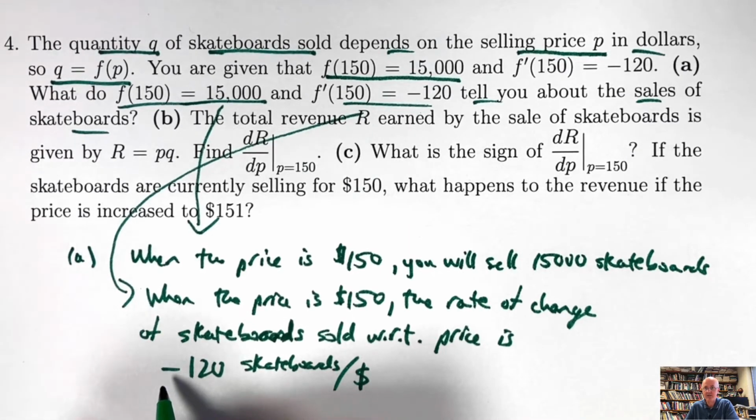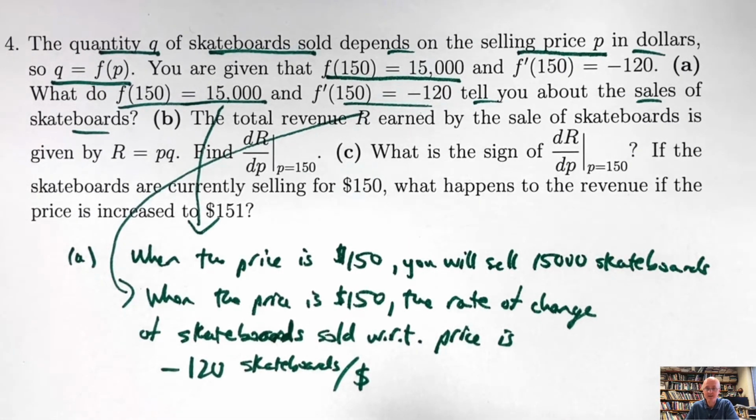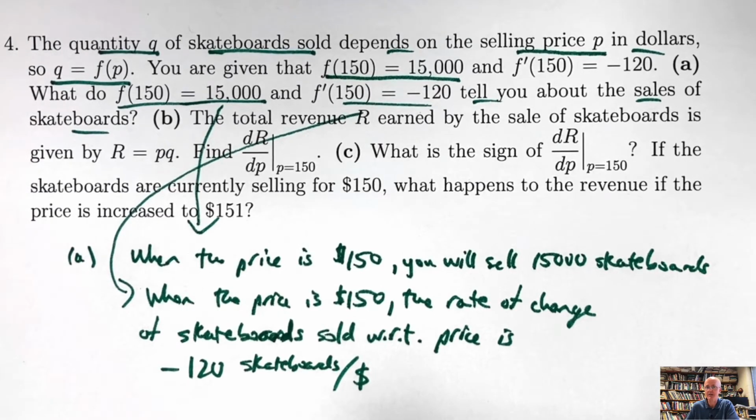The rate of change is negative. How many fewer? About 120. It's an estimate. It's maybe not a perfect estimate, but it's an estimate based on past data, perhaps, or based on a reasonable formula for f of p, which we're not given.